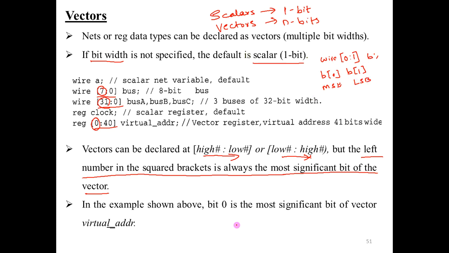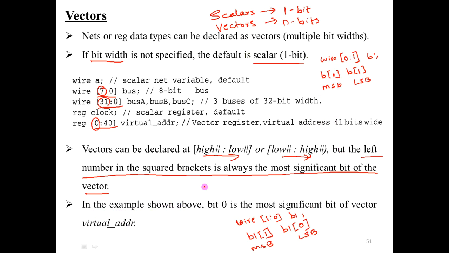Okay, similarly here if I take wire 1 down to 0 B1, so B1 of 1, B1 of 0, so this is MSB, this is LSB. This is how you need to remember. This is the order that you need to follow. So whatever you write on the left, that behaves as the most significant bit.